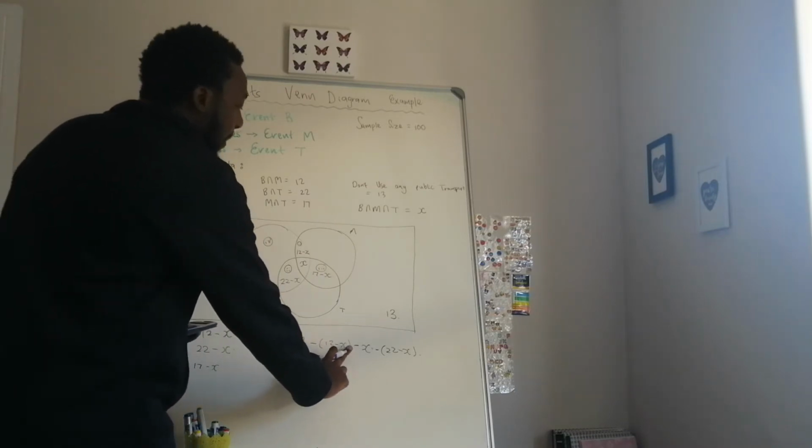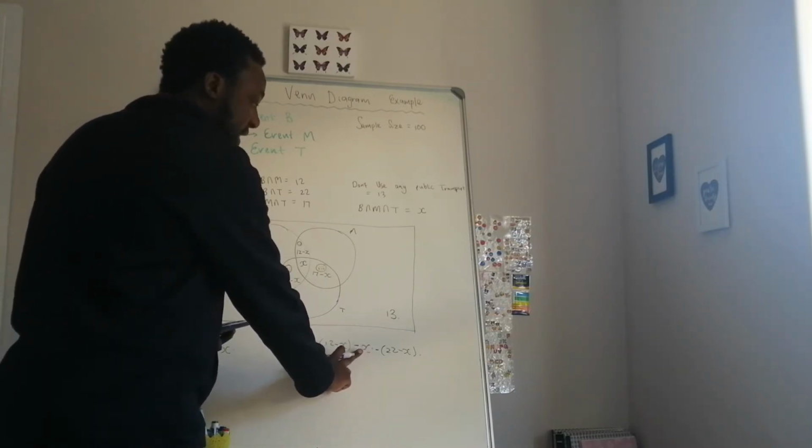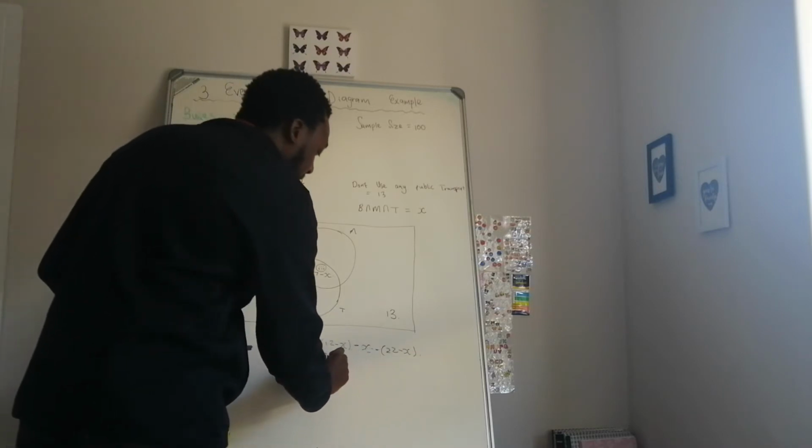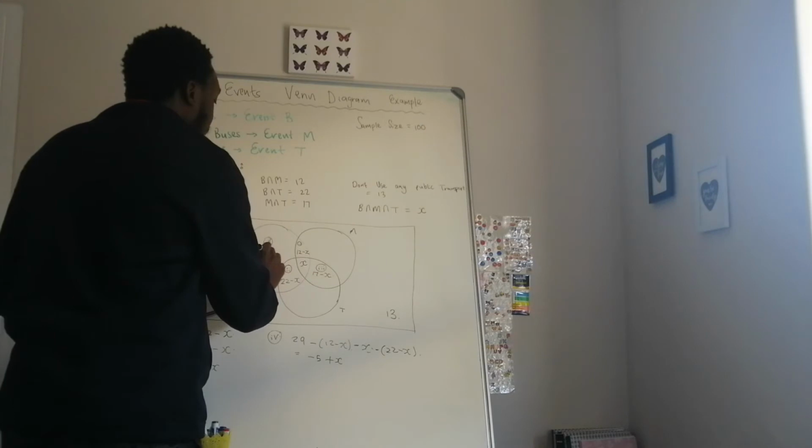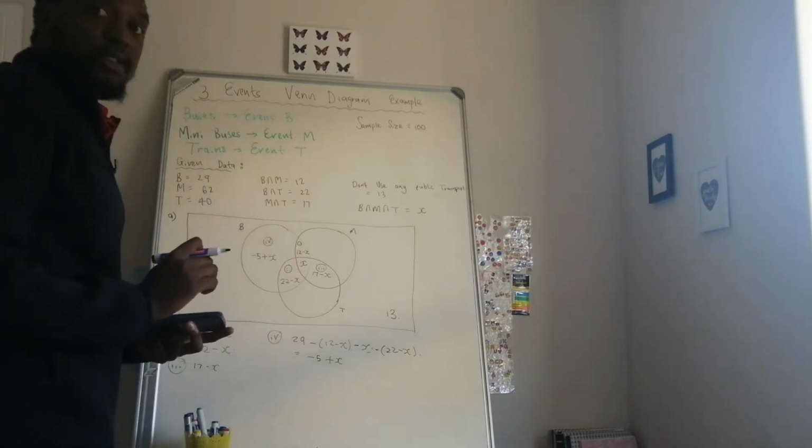Positive X minus X cancels the X, but I have another positive X. So this is negative 5 plus X. Excuse me.